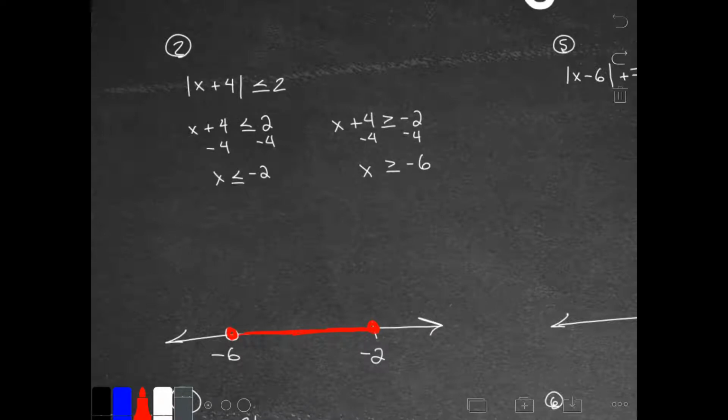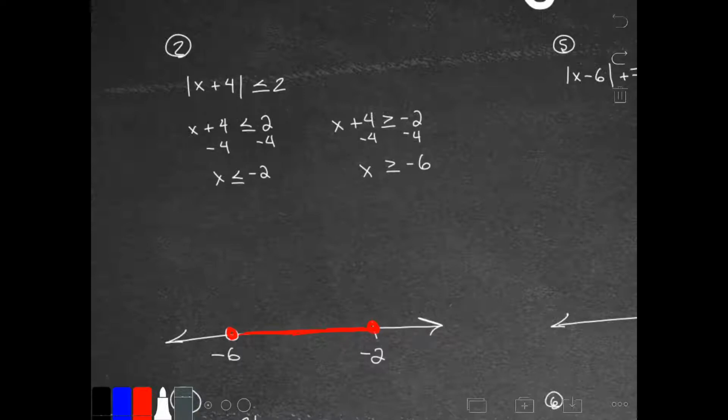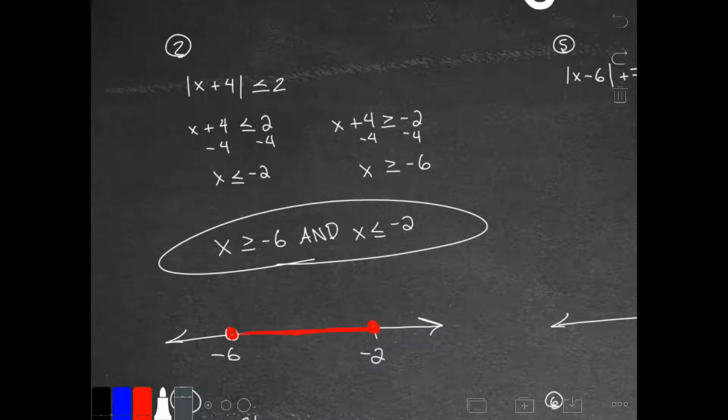So again, if we have our less than symbol or a less than or equal to symbol, that means we have an and statement, and we should write our final answer here as x is greater than or equal to negative 6, and x is less than or equal to negative 2.